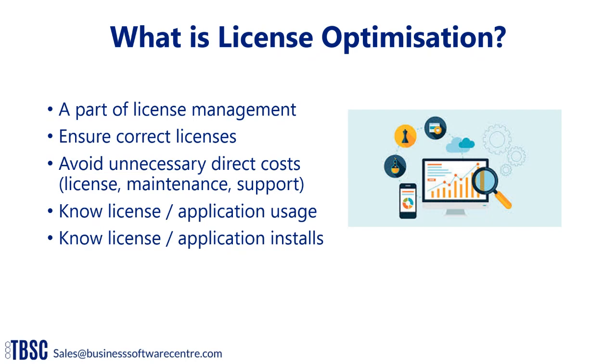So, of course, licensing optimization ensures the correct licenses. What I mean by that is you have the ability to look at the current usage of each of your employees or staff.